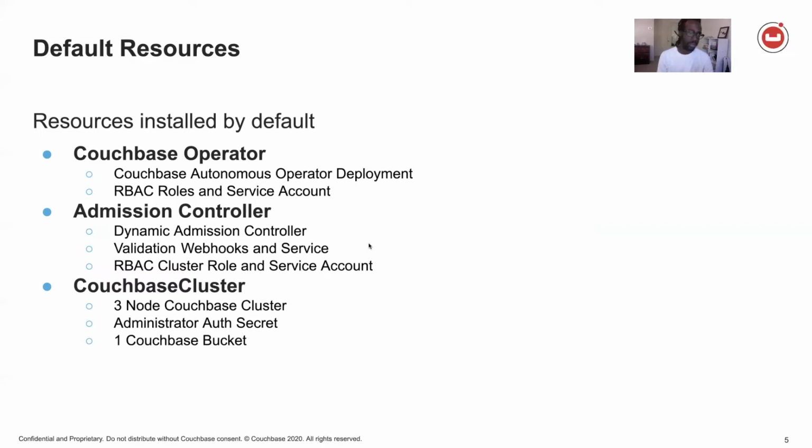This is what does the validation when you attempt to create a cluster, to ensure that when you update it down the road, everything will work at runtime. You won't experience errors down the road. And also the RBAC resources, the roles and service accounts that go alongside the admission controller. And the Couchbase cluster gives you a 3-node Couchbase cluster with the secret and 1 default bucket.